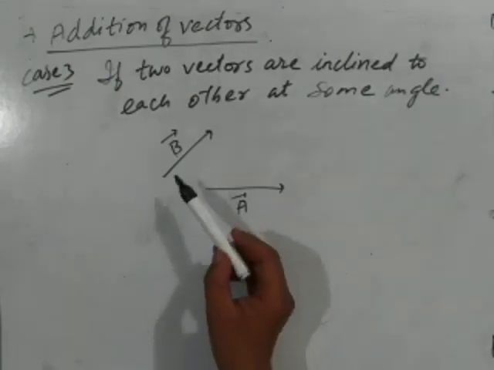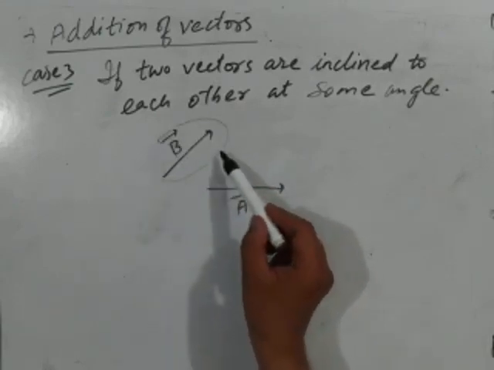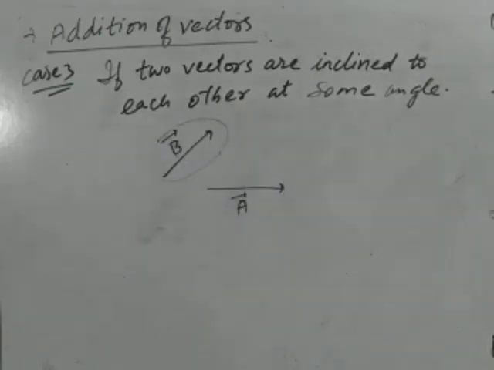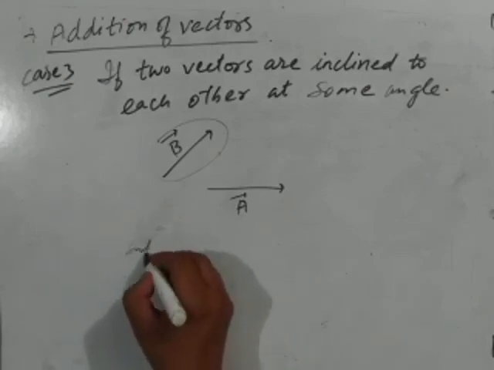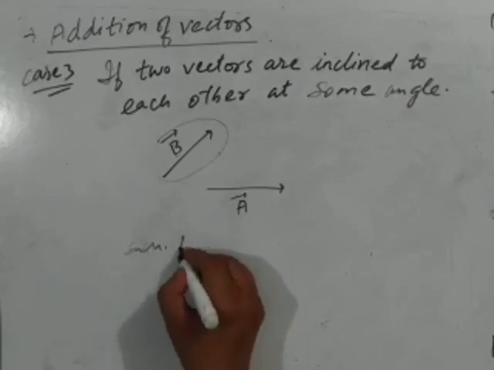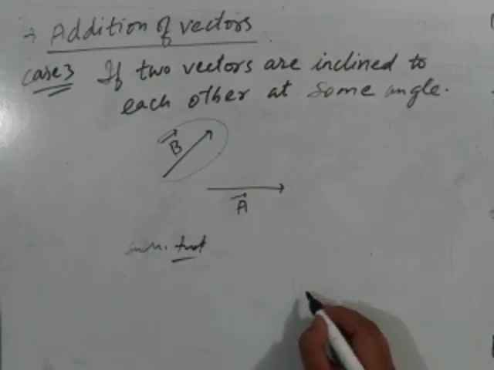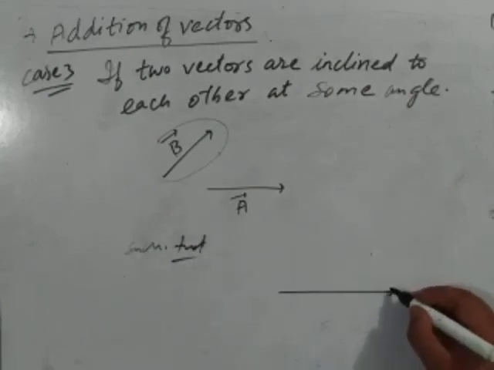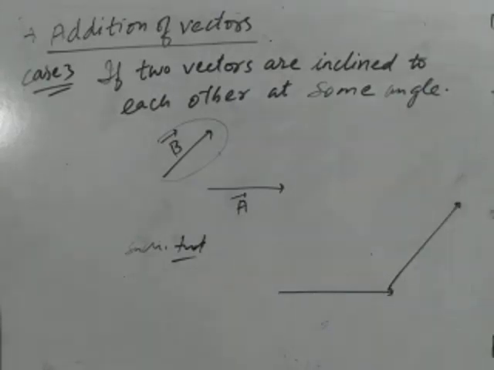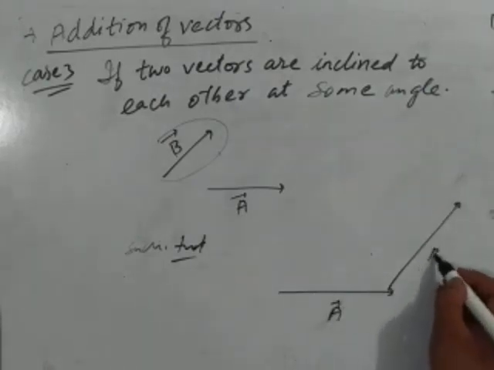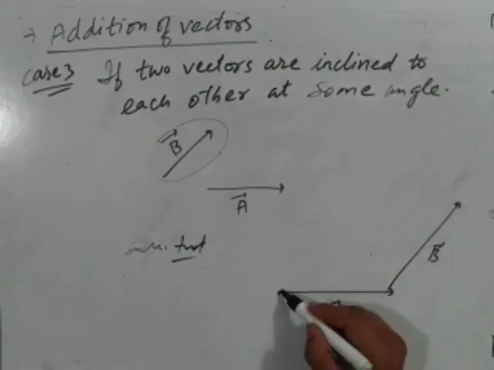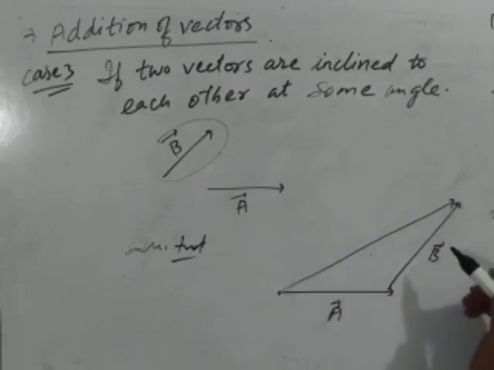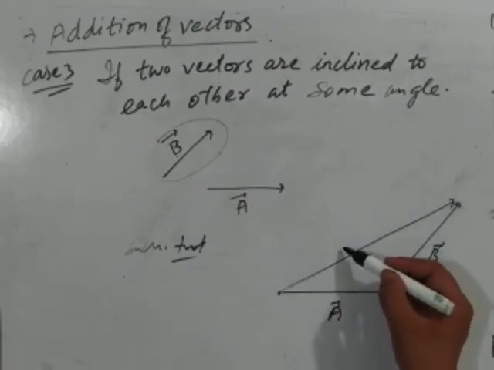So we will place B vector at the tip of the vector A. So the line joining the tail of A vector to the tip of the B vector is its resultant.